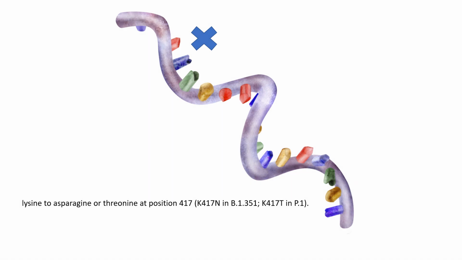This is the genome of the COVID-19 virus, and there is a mutation which occurs at the nucleotide sequence, and this mutation leads to a change in amino acid, that is lysine to asparagine or threonine at position 417. So this mutation helped to change into a variant.